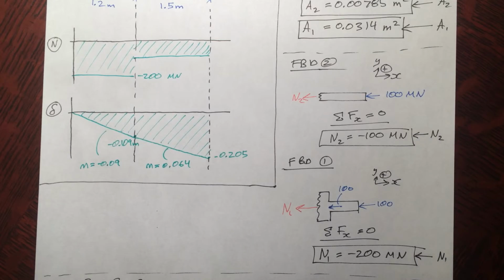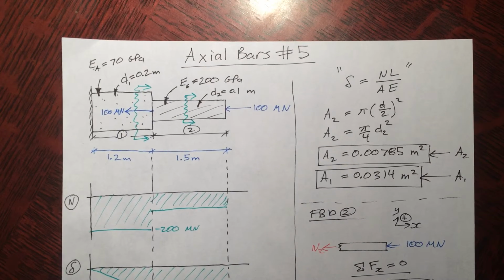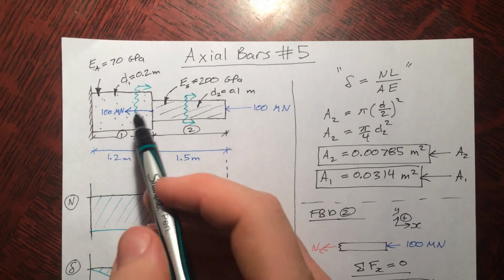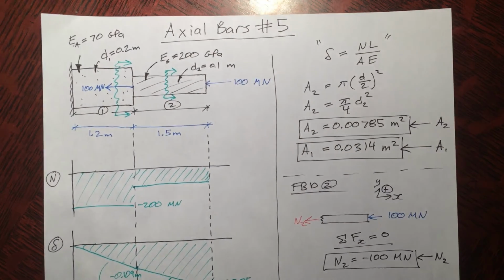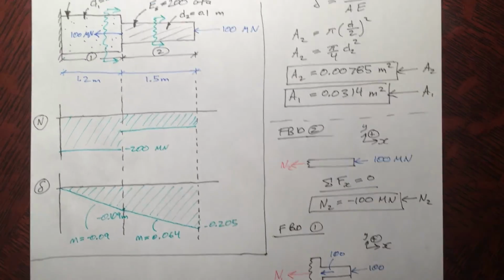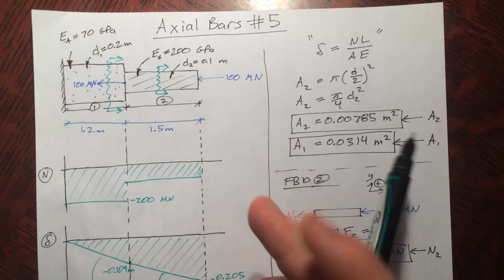Alright guys, that pretty well sums up this video. So we have an example where everything is changing. We have different forces in each one, different lengths, different areas, different moduluses of elasticity. So we went through, we pre-calculated our areas. Like usual, we made a cut every time there was a change in conditions.